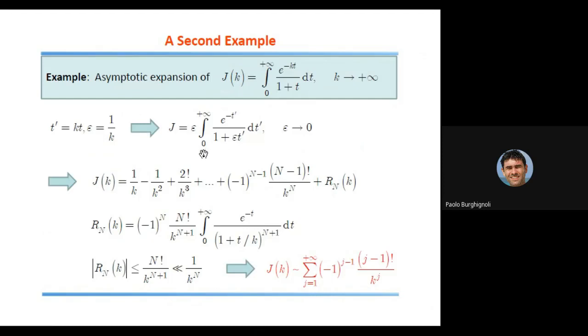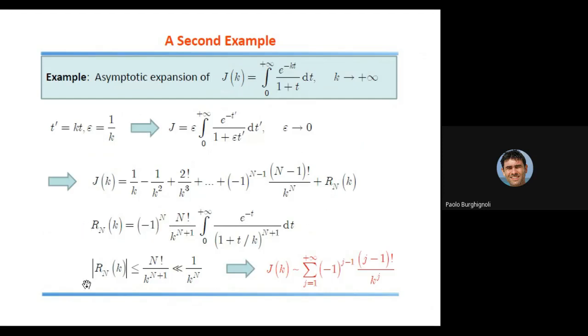And if you perform exactly the same steps, you will discover that your function j can be represented in terms of this asymptotic sequence, 1 over k, 1 over k squared, and so on, plus a remainder. And this remainder can be estimated in a very simple way. You can try by yourself.